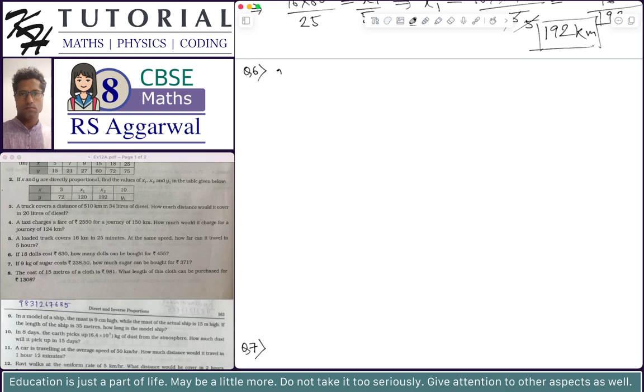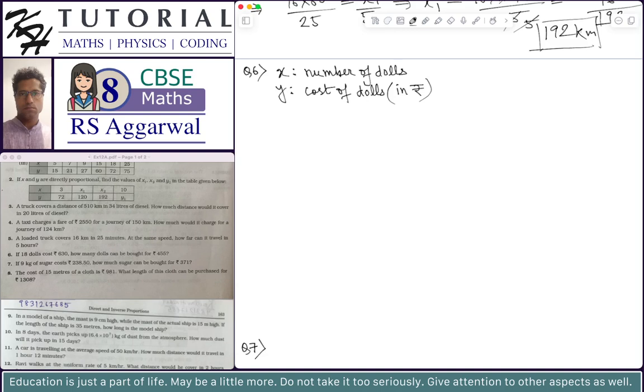So for this we can consider x to be the number of dolls and y to be the cost of the dolls in rupees.